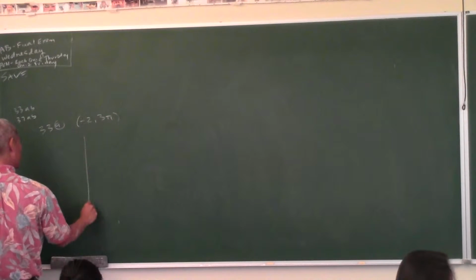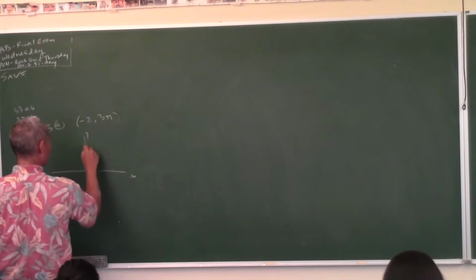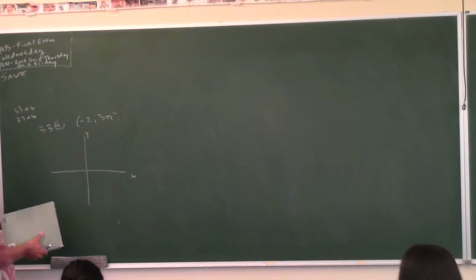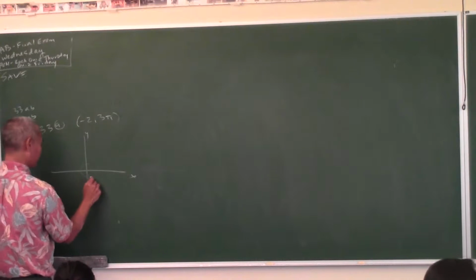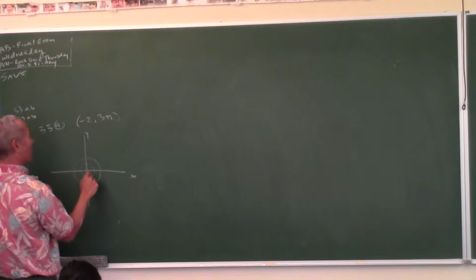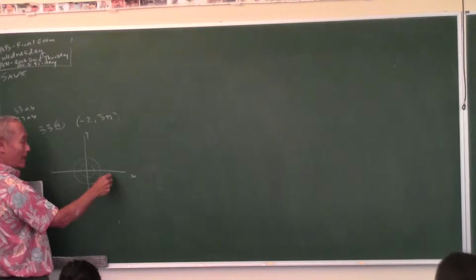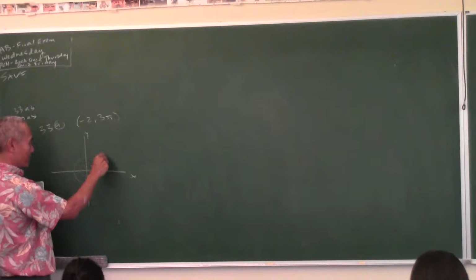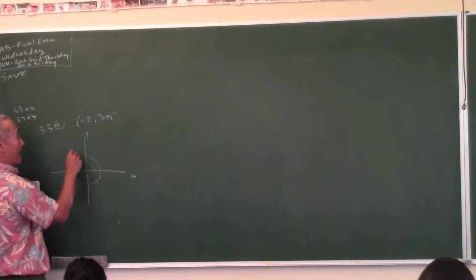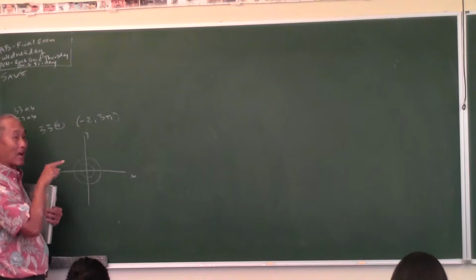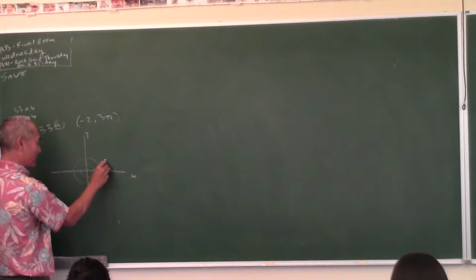Okay, so the first thing you should do is actually plot this point. Starting from here, you measure off an angle of 3 pi, so 2 pi plus pi, that would be here then, right? And then you gotta go 2 units in the opposite direction, so that would be right there.